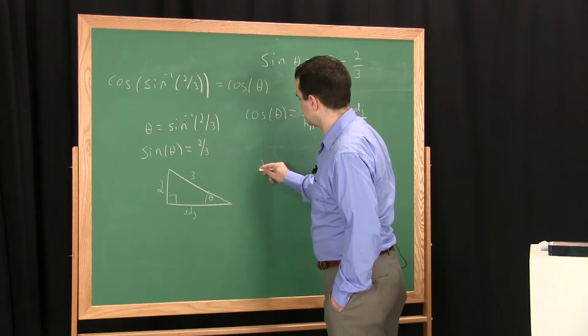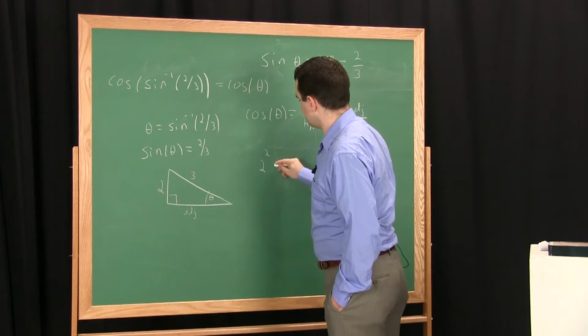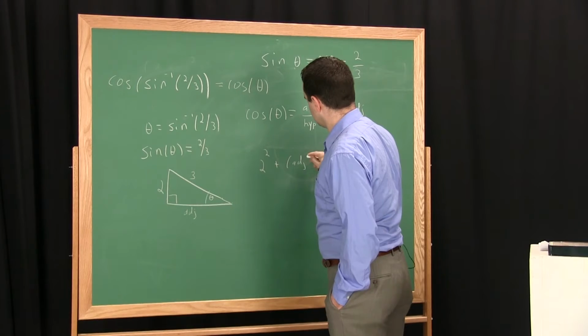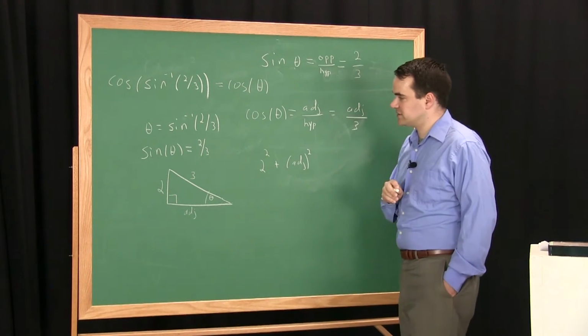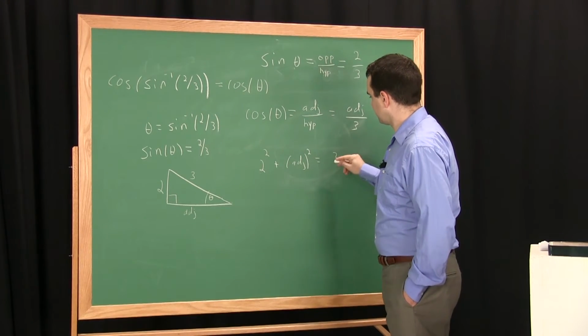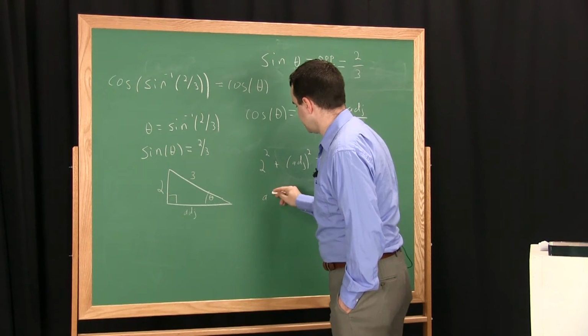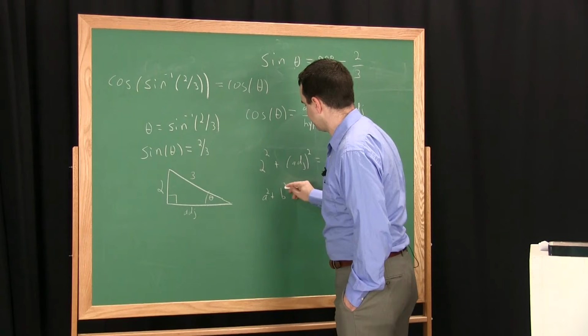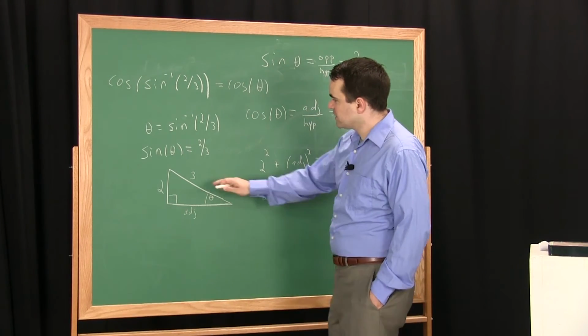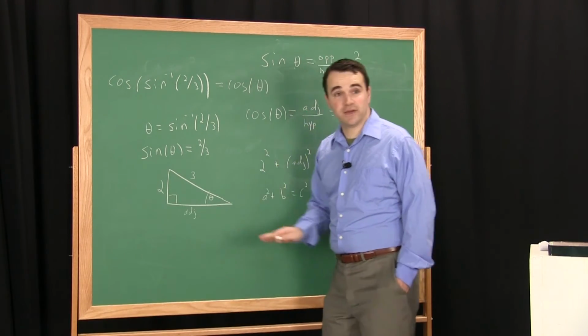Or in other words, 2 squared plus adjacent side squared is equal to 3 squared. And maybe you've seen that as a squared plus b squared equals c squared. So here's c, there's a, and there's b.